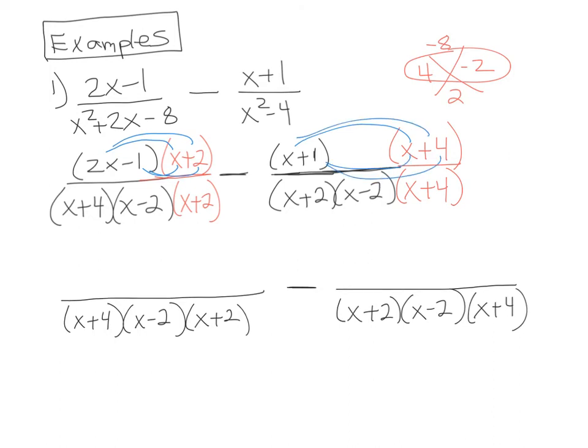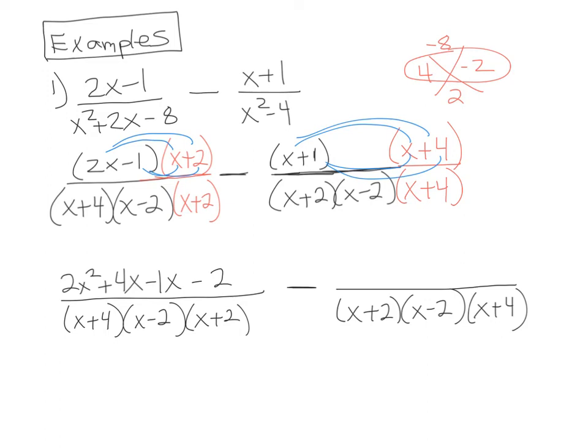Alright, so double distribute or FOIL. So here we go. 2x times x, 2x squared. 2x times 2, 4x. Negative 1 times x, negative 1x. Negative 1 times 2, negative 2.